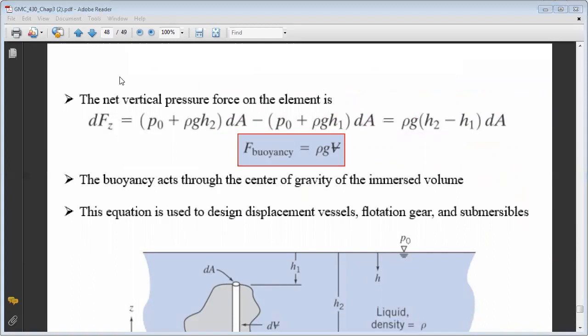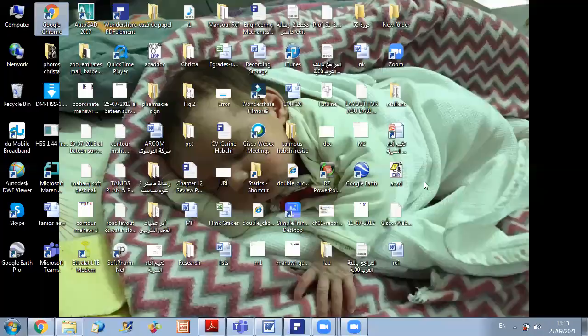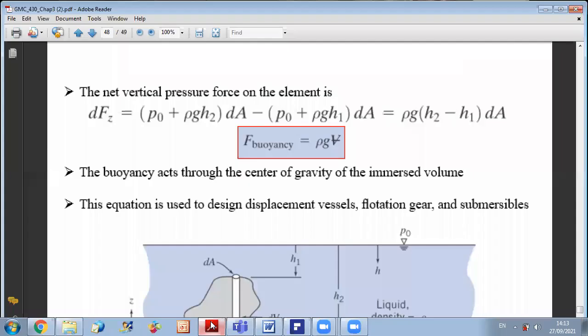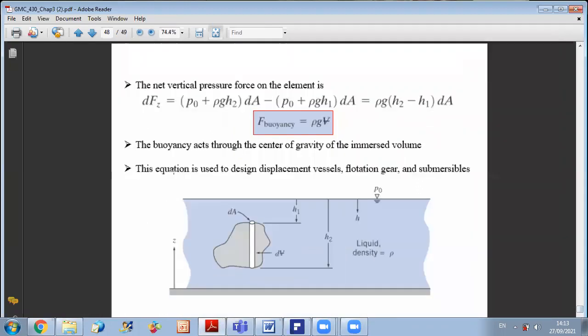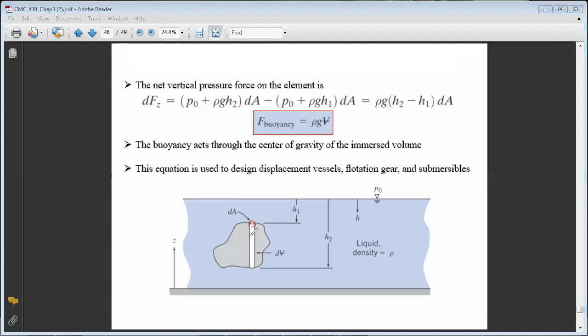So we have the following body here, and we are interested in calculating the expression of the buoyancy force. If I want to derive the expression of the buoyancy force, I take this control volume, and I do the balance of forces.